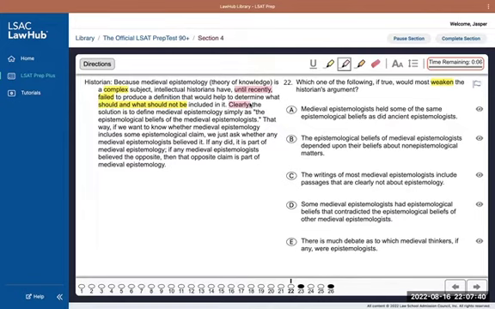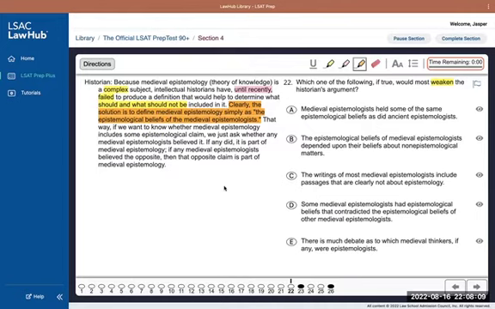All right, so the solution is what they're suggesting. What are they solving by doing that? What do they claim to be solving? They claim to be solving the issue, the failure to be able to determine what should be in the definition of medieval epistemology and what shouldn't be.